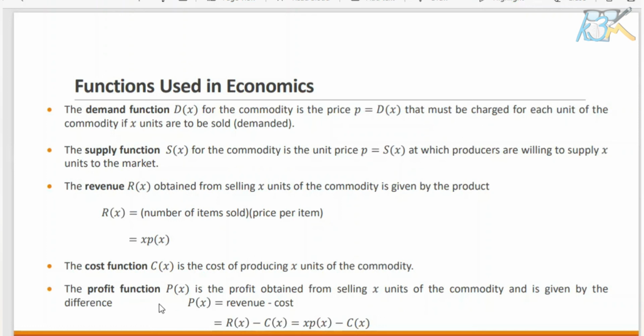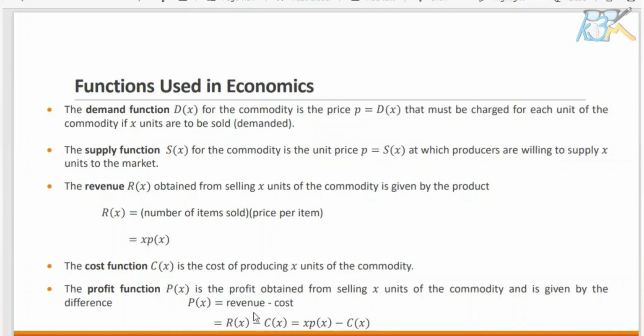The profit function, P of x, is the profit obtained from selling x units of the commodity and is given by the difference of the revenue minus the cost.